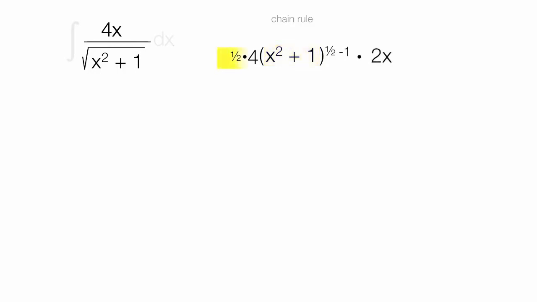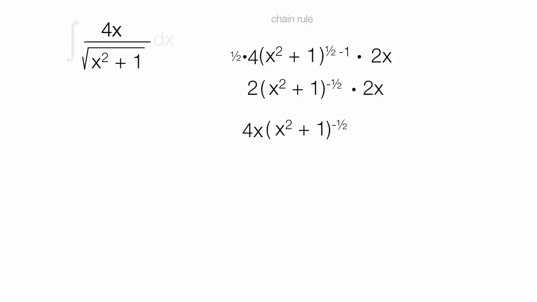1/2 times 4 is 2. The new exponent, or the power of x squared plus 1, is negative 1/2. And I just pull this 2x down. I continue. 2 times 2x is 4x. So now I have 4x times x squared plus 1 to the negative 1/2 power.